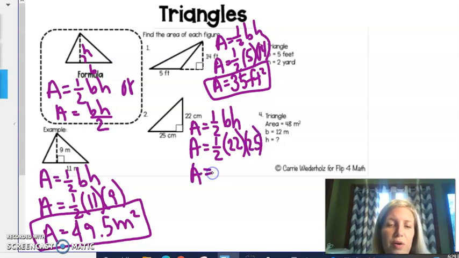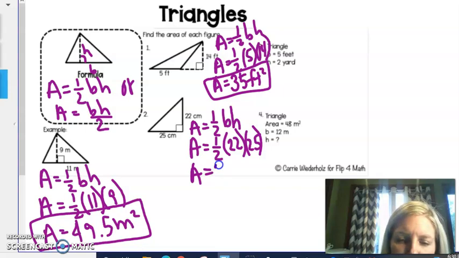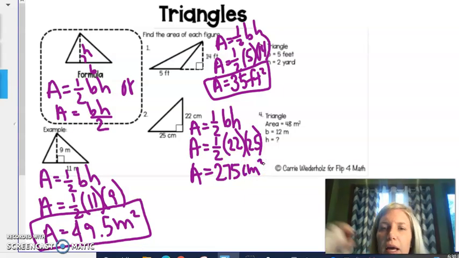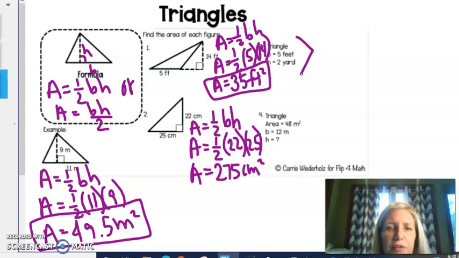Half of 22 is 11, so I have to do 11 times 25. 11 times 25 is 275 centimeters squared. Okay, this one, number 3, it's just in written form. It's just not a picture. Number 4 is the last problem that I'm going to do with you here.